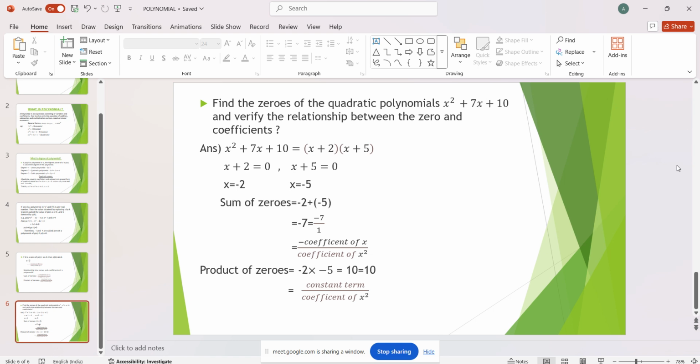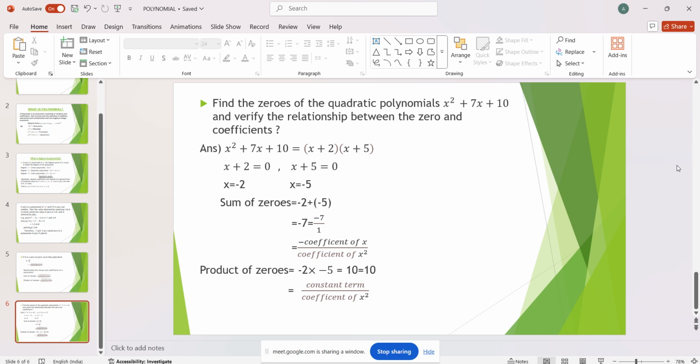Minus 7 is minus the coefficient of x, divided by 1, and 1 is the coefficient of x square, that is a equal to 1.